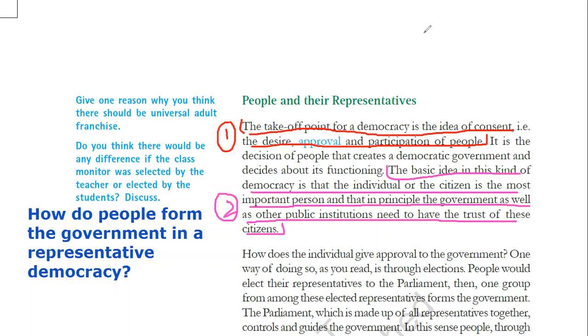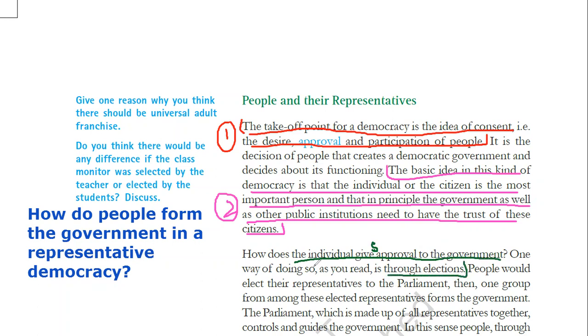Then for point number three, we'll go to the next paragraph. The individual gives approval to the government through elections.